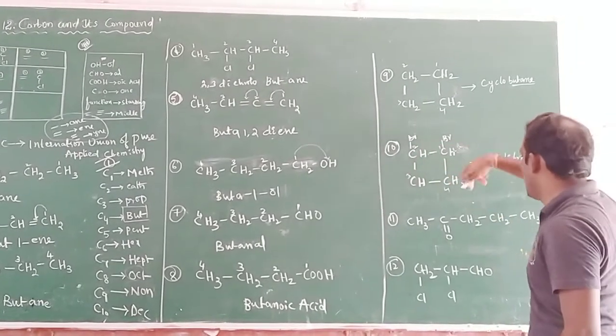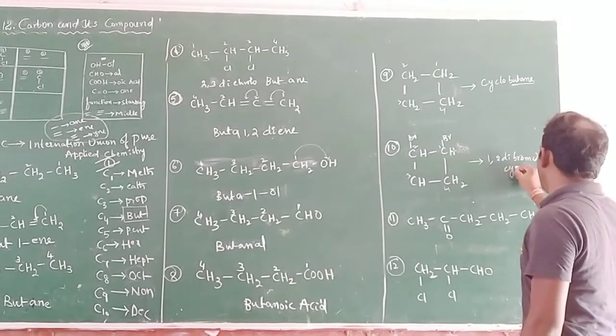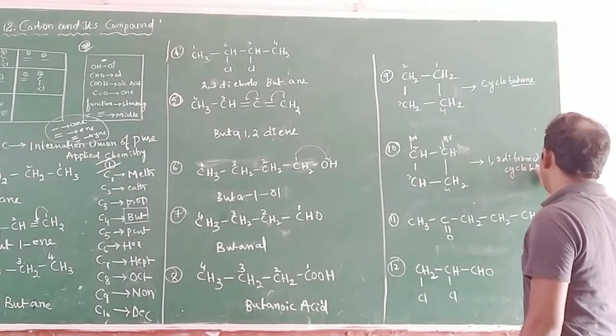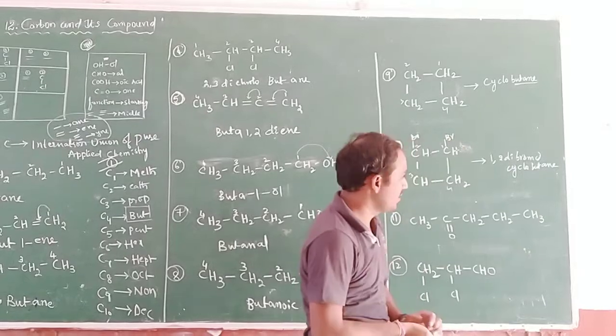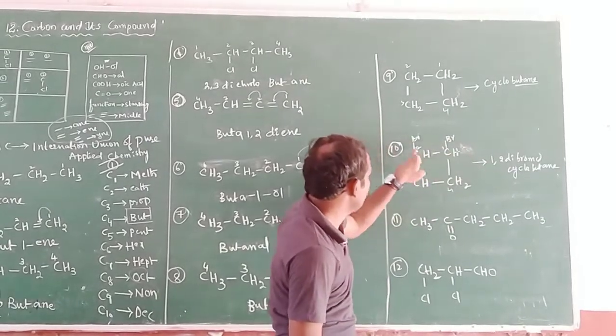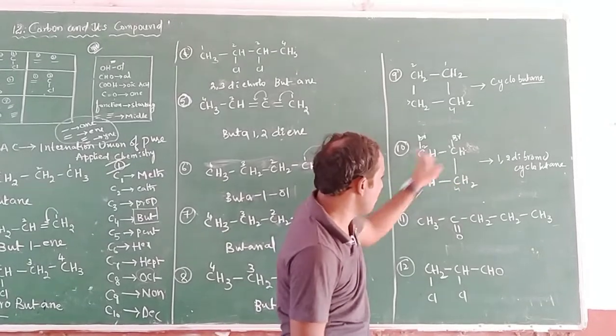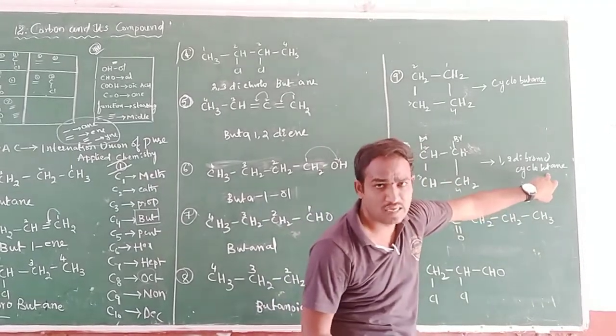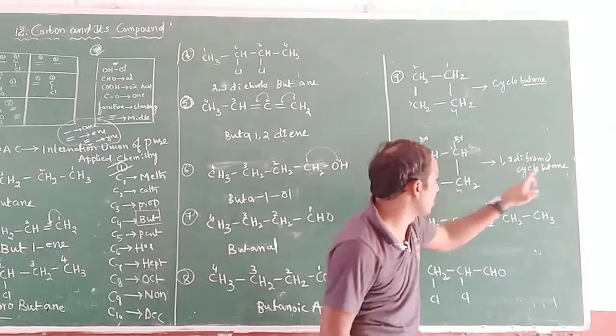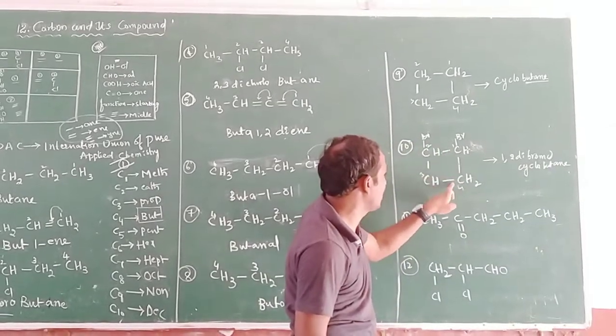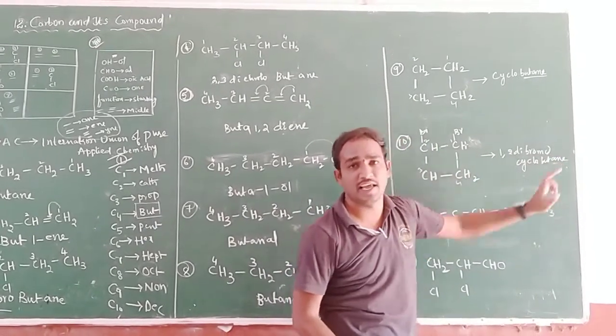And which shape do we have? Cyclic. Cyclobutane. So see here, 1 comma 2 dibromo butane. Between carbon and carbon, which bond do we have? Single bond. If it is a single bond, it is ane.